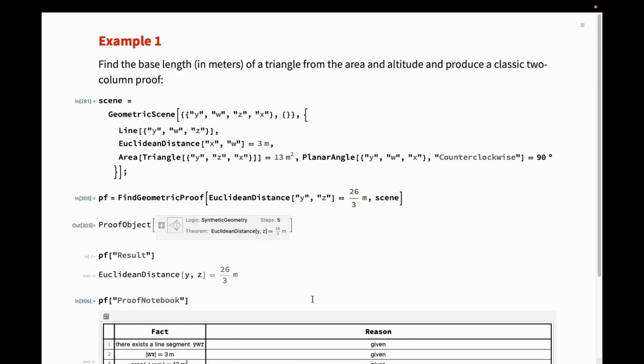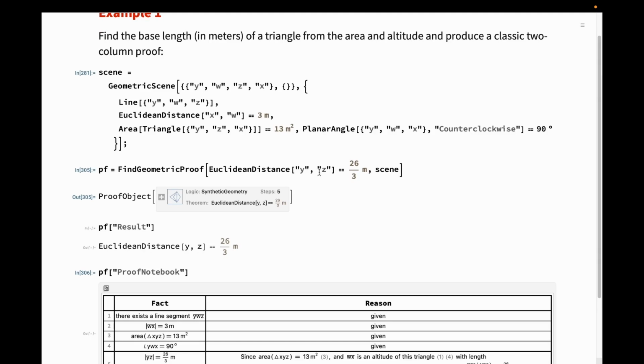So a very easy example, we can just find the base from an area and an altitude. In this case, we have units of meters. We're given a line, a distance, and an area. But if we put this scene into FindGeometricProof and ask it to prove that the length of the base, that is from Y to Z, is a certain number of meters, it will find that proof.